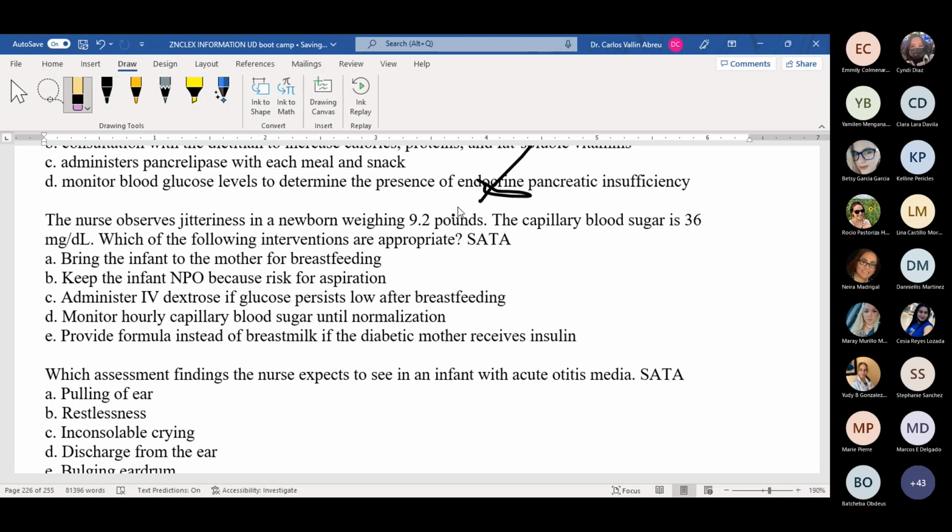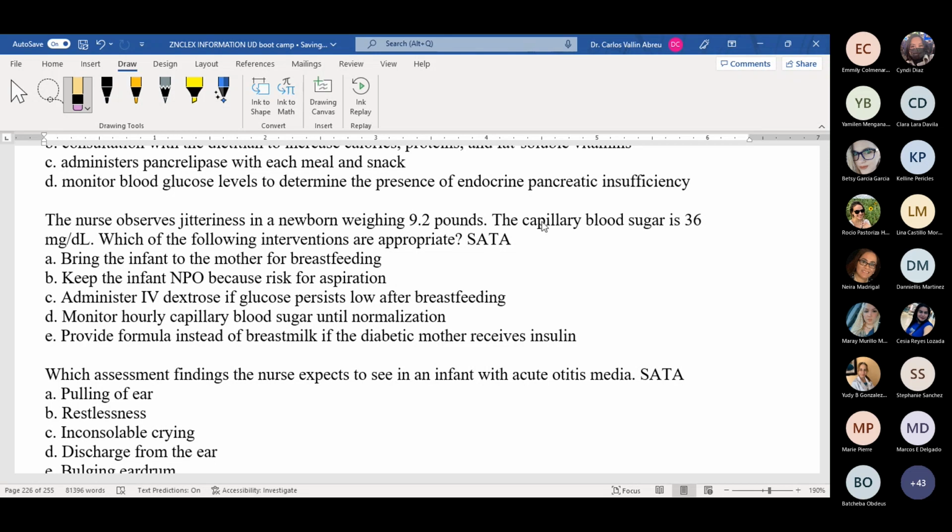So anything above 9 pounds is macrosomic. And what is the most common cause of macrosomic babies? Diabetes. Uncontrolled or not well controlled maternal diabetes. So we need to suspect that this baby could be a child of a diabetic woman.